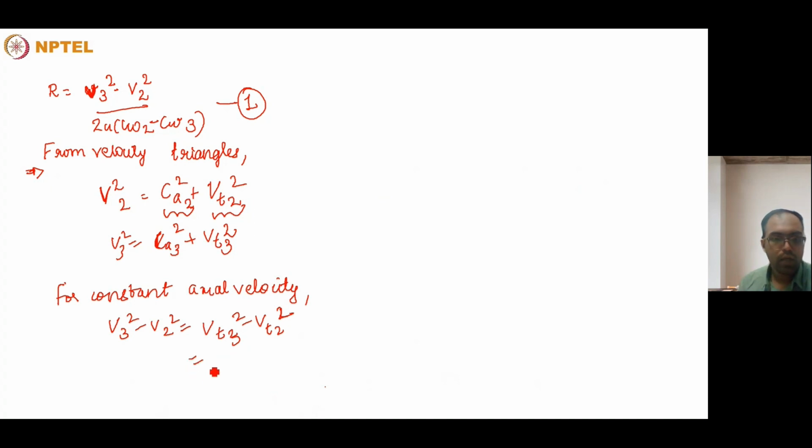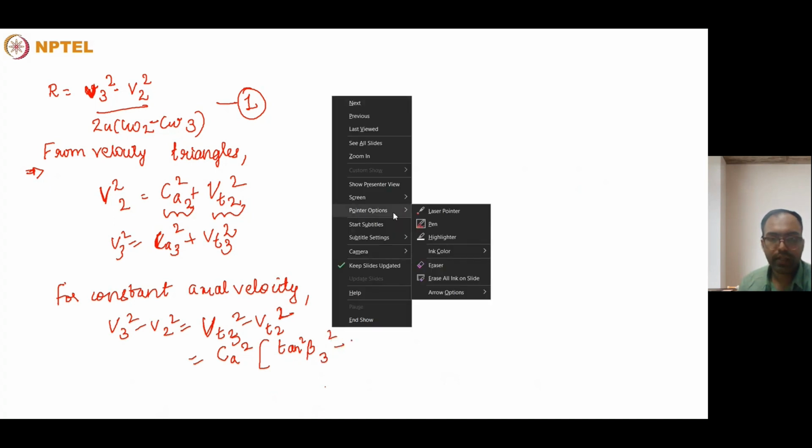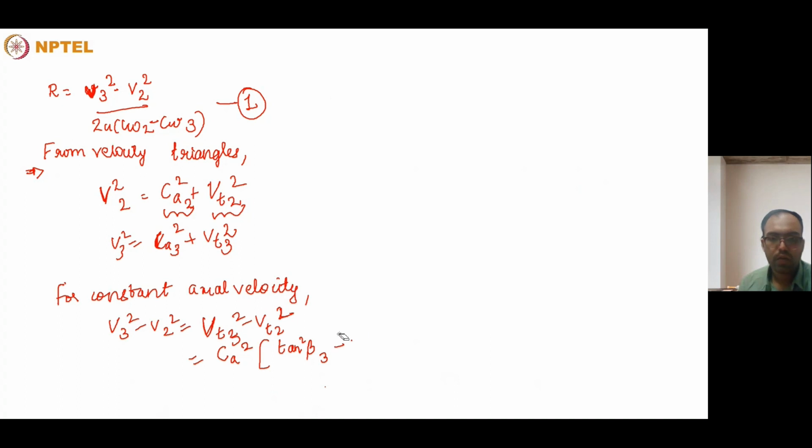So this quantity can be written in terms of the axial velocity component, axial velocity is a constant, CA squared into tan squared beta 3 minus tan squared beta 2.